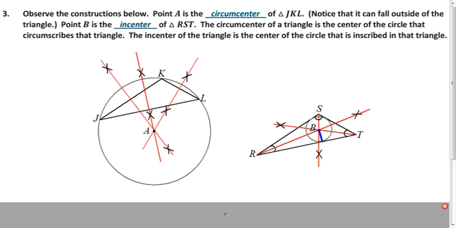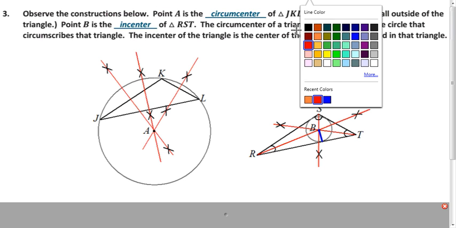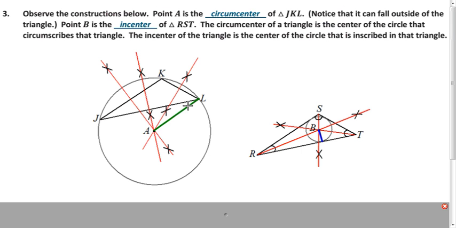When we look at the incenter, we know that all those. Let me go back to circumcenter for a second. So if you look here, if we connect A to L, that's a radius. A to K, that's a radius, and A to J, that's a radius. So there's a circle.